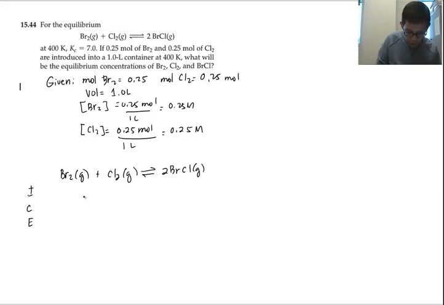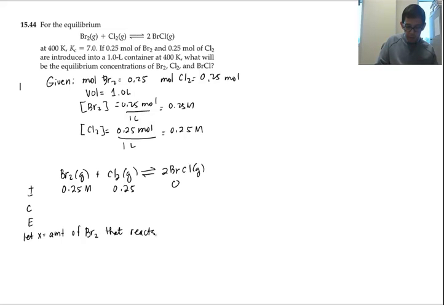Initially you have 0.25 molar of bromine, 0.25 molar of chlorine, and 0 molar of BrCl because you haven't formed any product yet. Okay, so we let x be the amount of Br2 that reacts to achieve equilibrium.